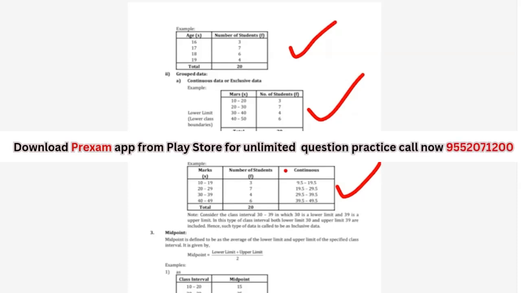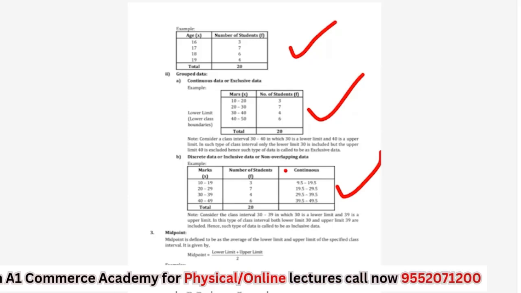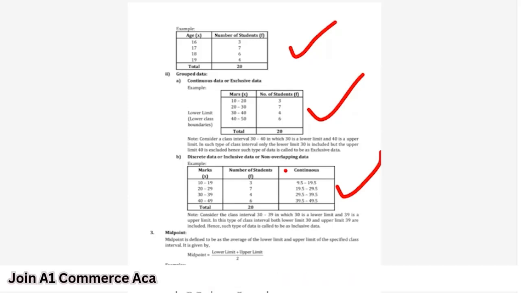Therefore they are called frequency distribution tables.